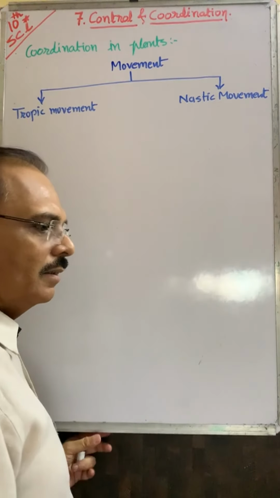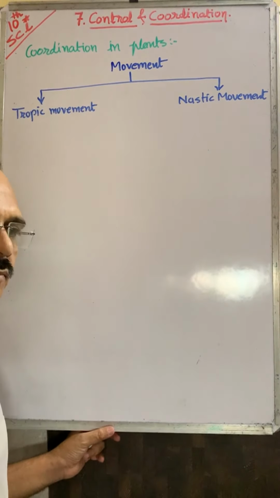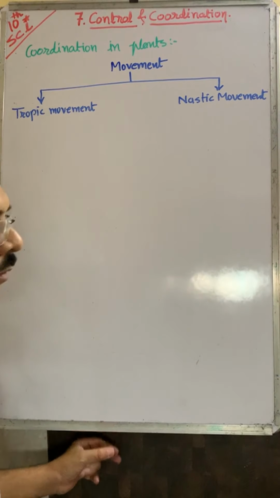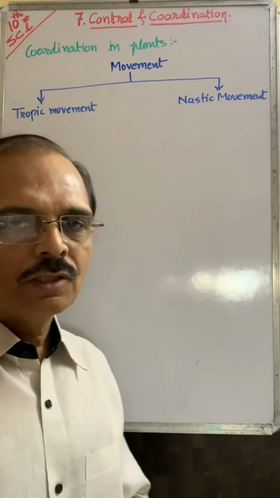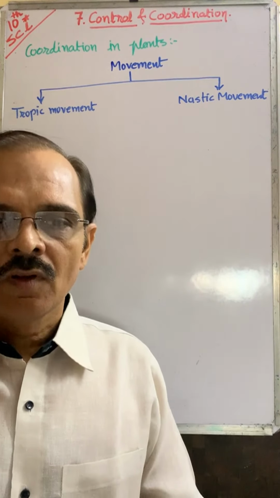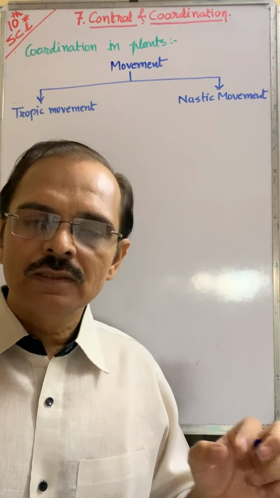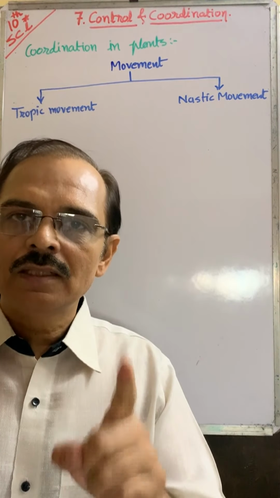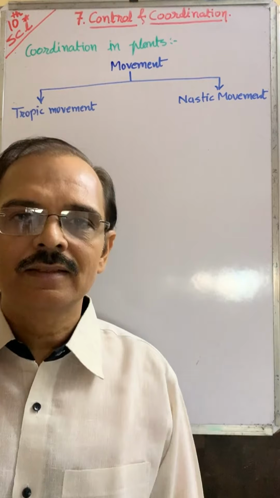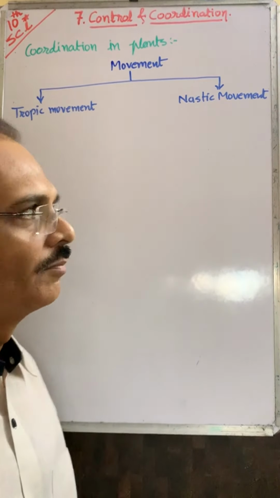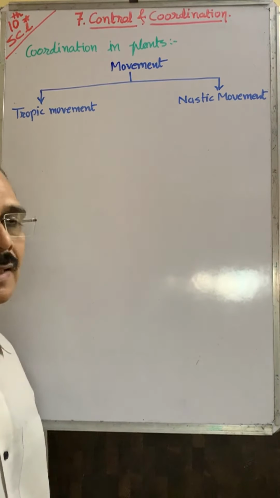Once again I told you, a separate topic of tropic movement or nastic movement is not given in your textbook, but it will be asked in exams, so please be careful. Tropic movement and nastic movement.